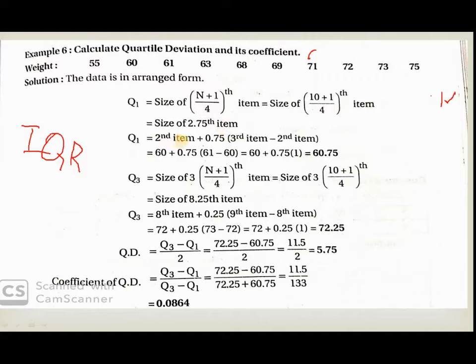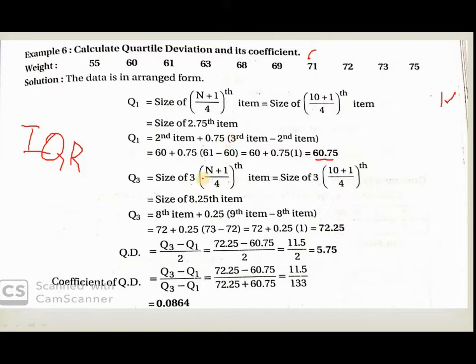So Q1 is the second item plus 0.75 times the difference between the second and third items. The second item is 60, plus 0.75 into the difference between the two, 61 minus 60. So Q1 is 60.75.